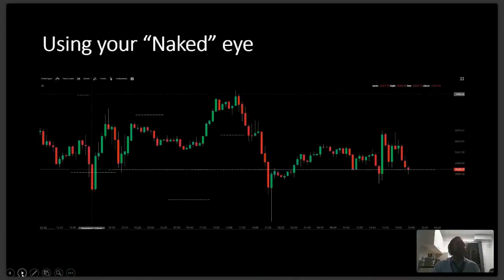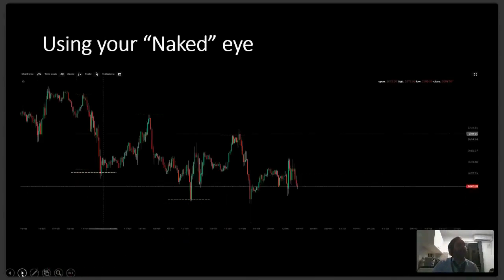Now, this is the S&P 500. This is a 30-minute chart. Straight away, we can see our areas of interest. Areas of interest are still the same as on the 15-minute. We can see our consolidation period where the buyers and sellers are buying and selling from, as well as the highs and the lows where people are buying and selling from.